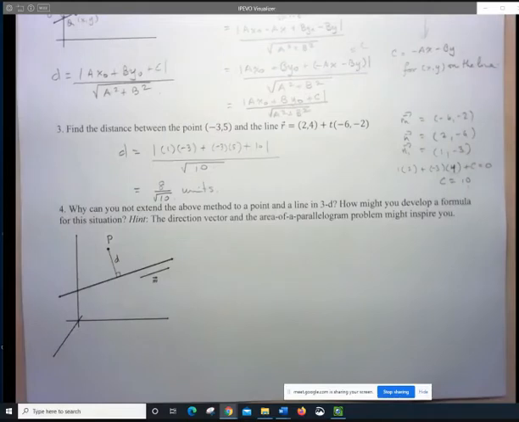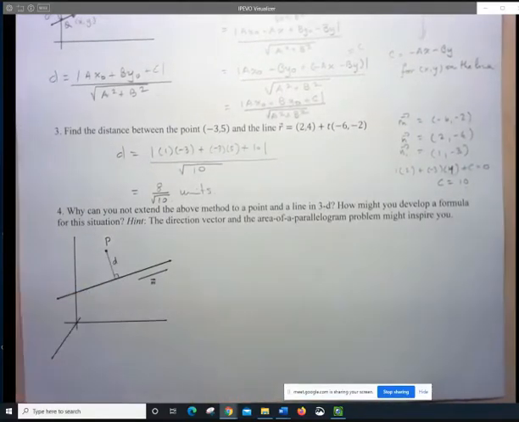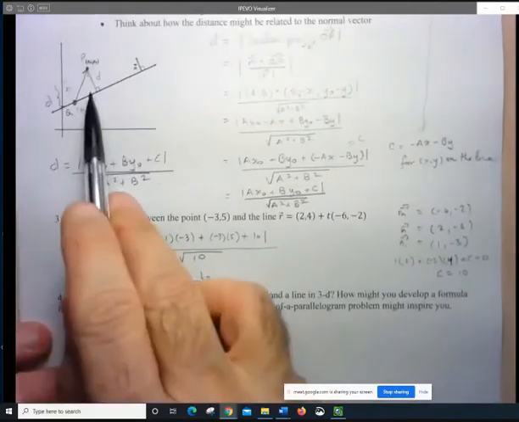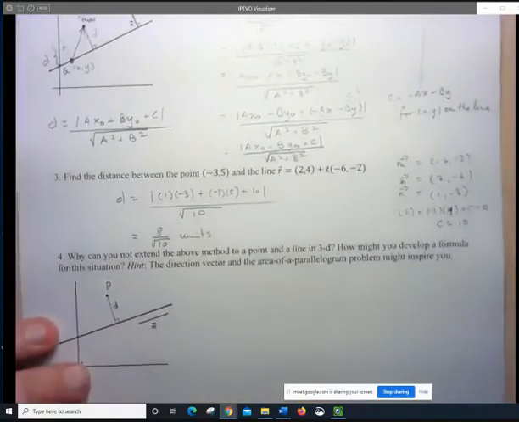So remember, I can't use a normal vector because there is no normal vector to a line. Because remember, this vector here is perpendicular, but I could also have a vector coming out. Somebody is suggesting here, what about doing something similar to what we did in number 2? In fact, I don't think we're even going to need a projection here.